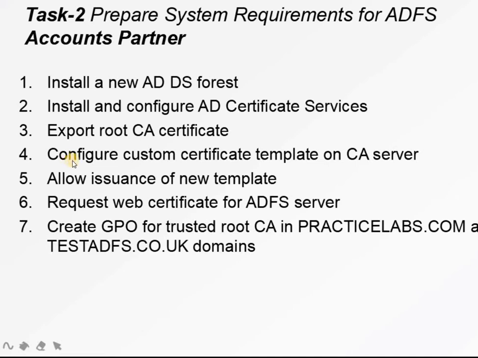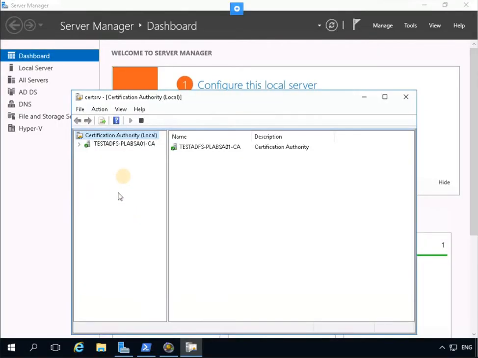So now we are going to configure the custom certificate template on the CA server. On the domain member server, we will be configuring it as an ADFS server in the account partner domain. As such, we must have a web server certificate that supports subject alternative name, SAN, or a certificate with multiple names.